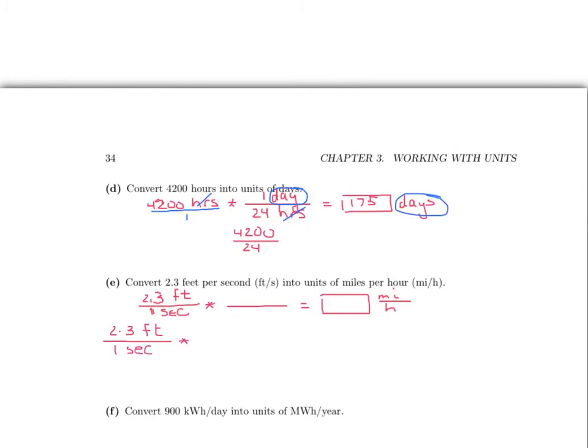Okay, so the first thing for us to do is to get rid of the feet. We want miles, so we need to convert from feet to miles. We do that with a conversion factor that relates feet and miles. We know that 1 mile has 5,280 feet.